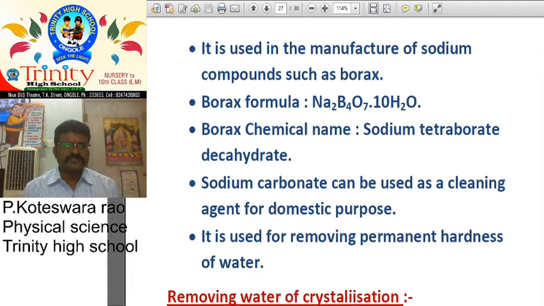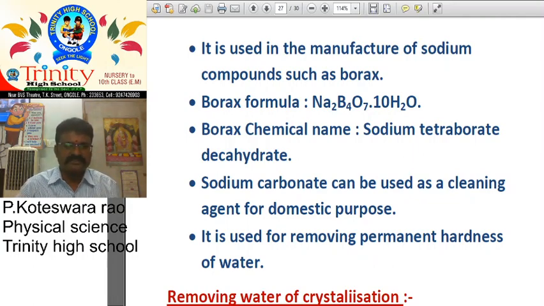The next use is in the manufacturing of sodium compounds such as borax. Here, the sodium compound is borax. The borax formula is not in our textbook, so write it down or listen carefully: Na2B4O7.10H2O.